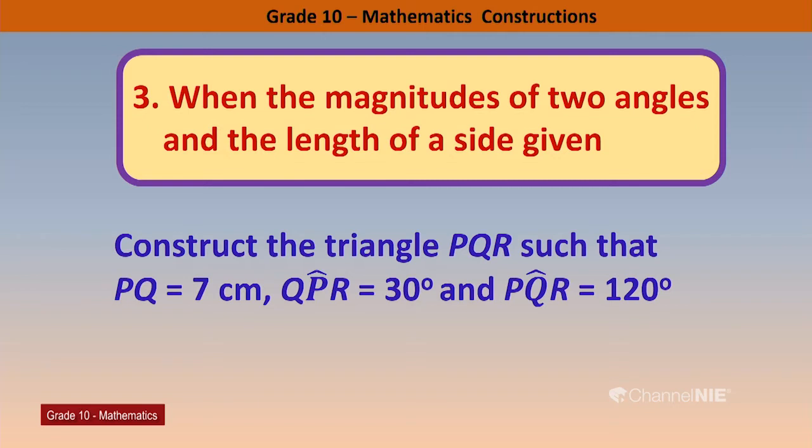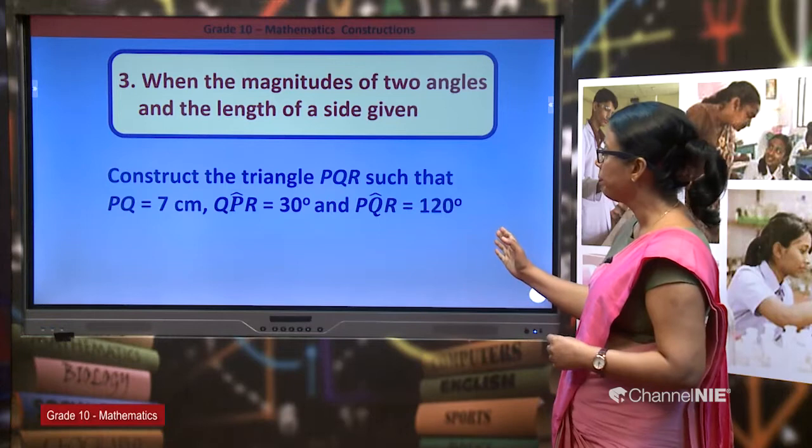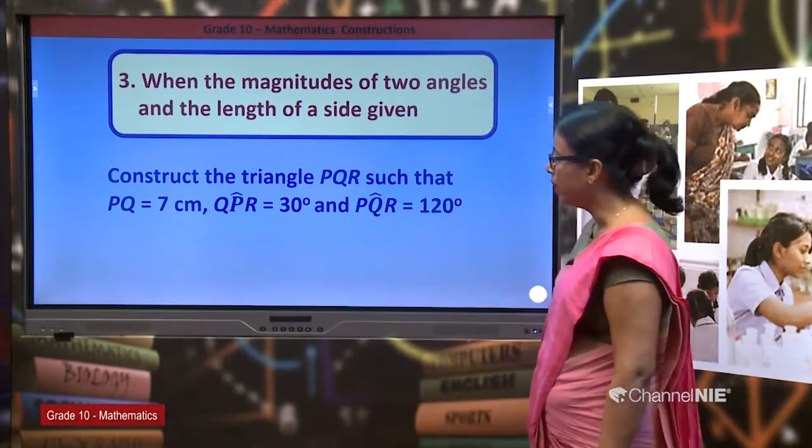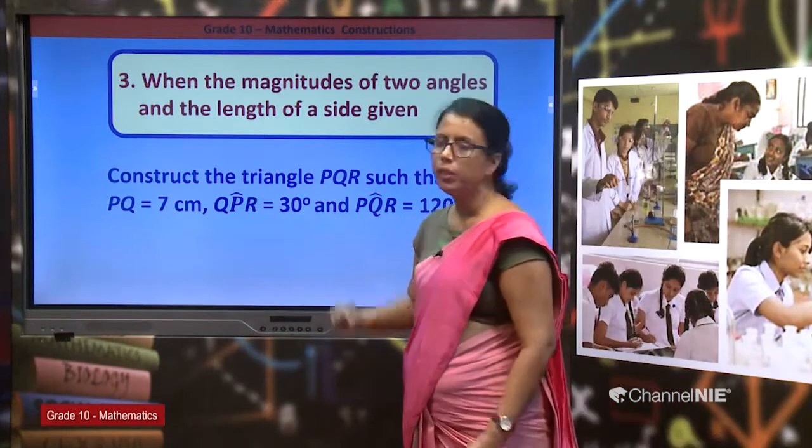Construct a triangle PQR such that PQ equals 7 centimeter, QPR 30 degree, PQR 120 degree. According to this question, the magnitude of two angles are given and the side is also given.